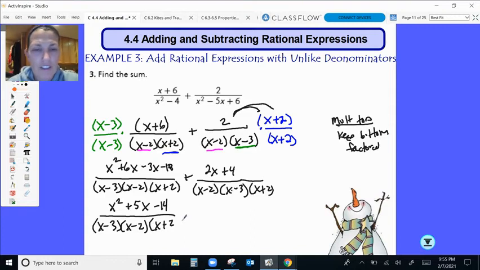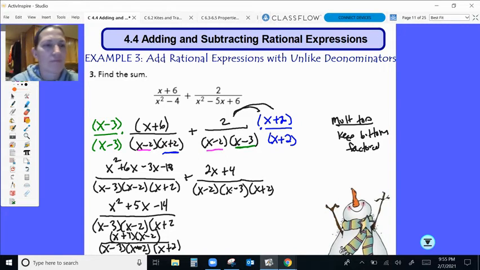I'm going to see if I can factor this any further. I think I can. Factors of negative 14 that add up to positive 5 are going to be x plus 7, x minus 2, which leaves me with x minus 3, x minus 2, x plus 2 on the bottom, and my x minus 2 is going to cancel out with that x minus 2.